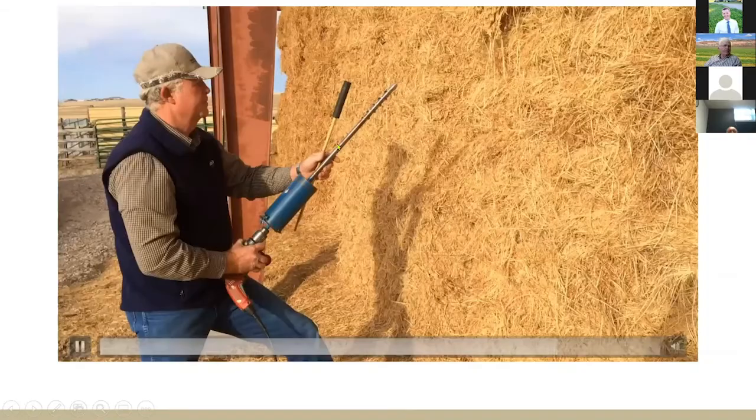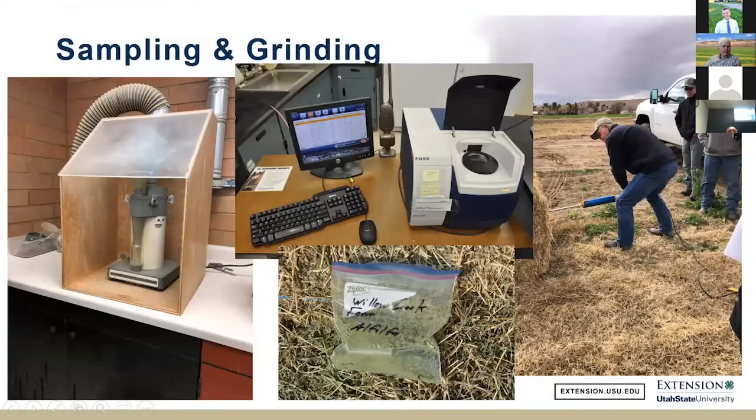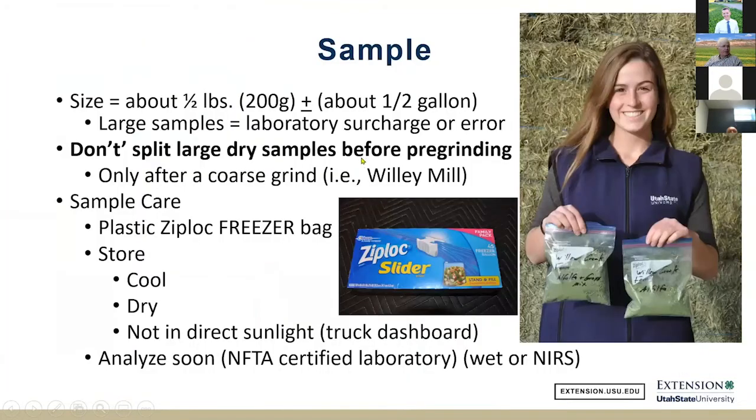NIRS, I've talked a little bit about that. Sample handling, you want your sample sizes to be approximately ½ pound, which is about 200 grams, about a ½ gallon in size. Large samples, labs will either charge a surcharge for grinding, or if they do a split at the lab and have not done a pre-grinding, they can actually bias your sample right at the lab.